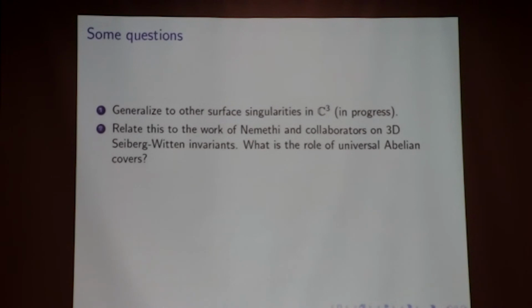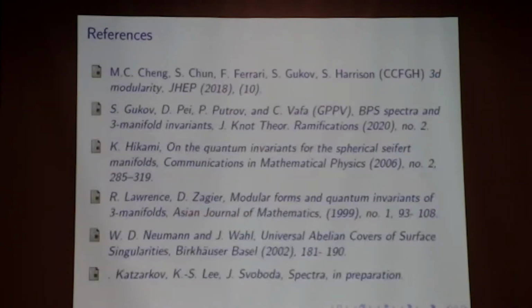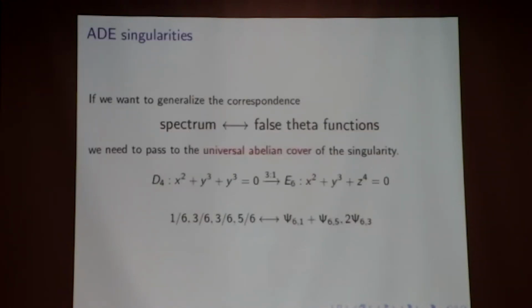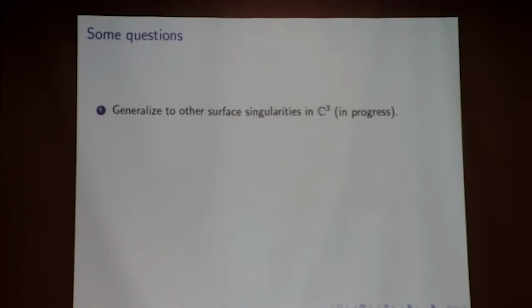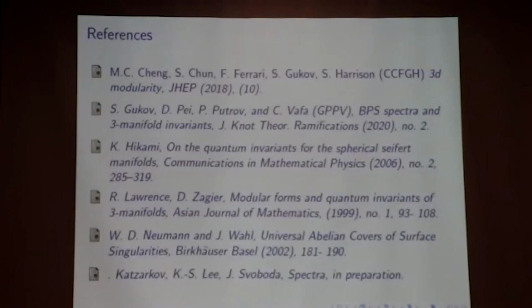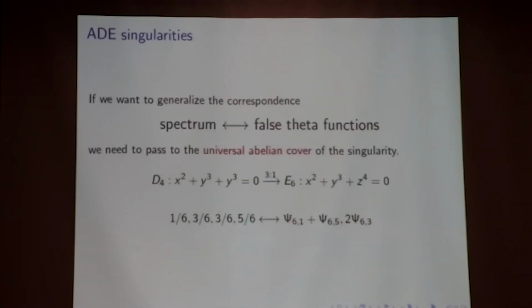Is there any other symmetry? Is there any mirror symmetry? I think this is a question for you, right? Or Katzarkov. This is part of the paper we are preparing with Katzarkov and Kyoung-Seog Lee. What I mean is this program which involves some group action on this singularity.